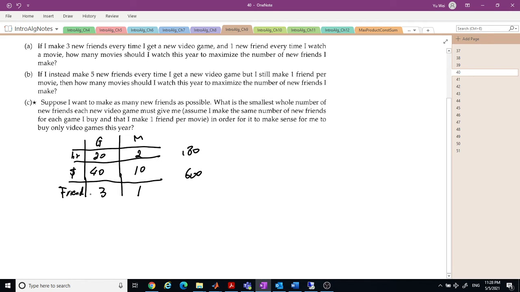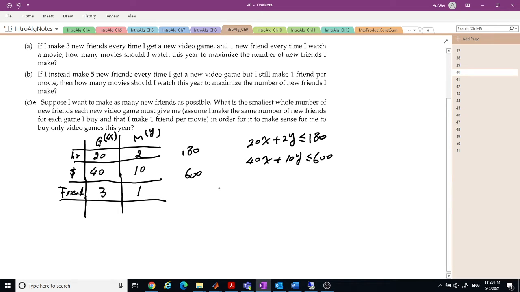So now let's assume we have X games and Y movies. We have 20X plus 2Y less than or equal to 180, because we only have 180 hours, and we have 40X plus 10Y less than or equal to 600, right?